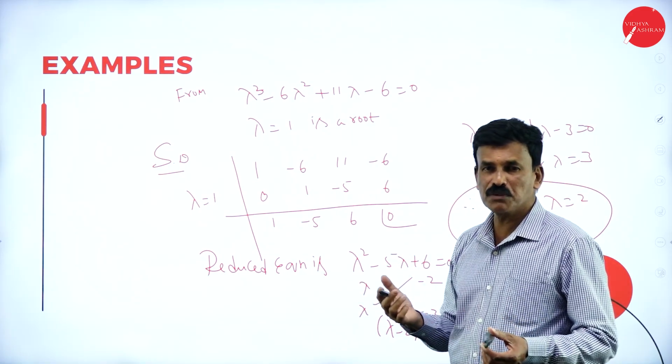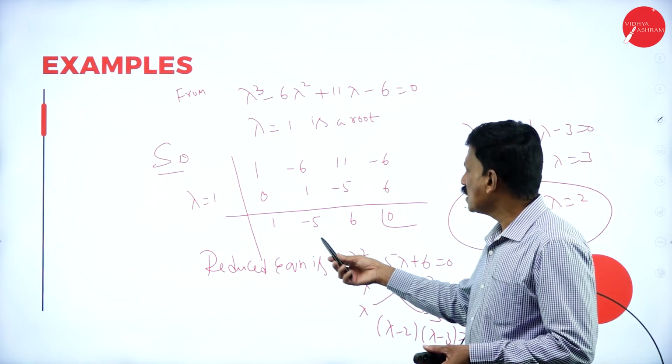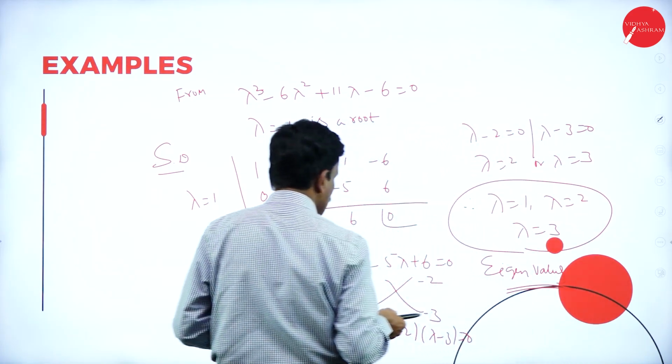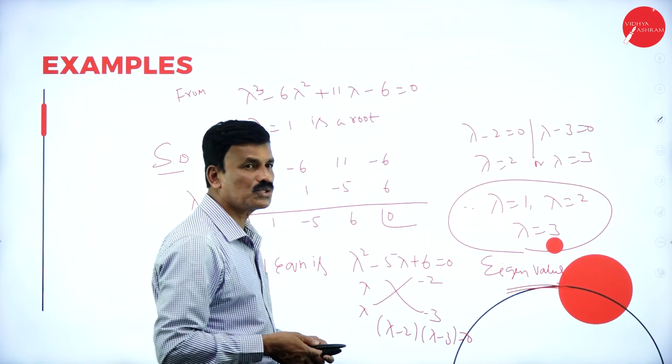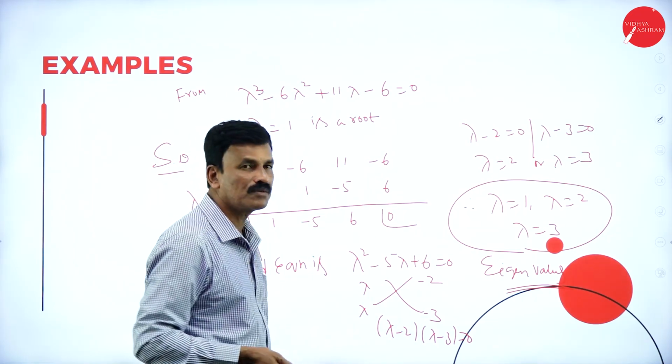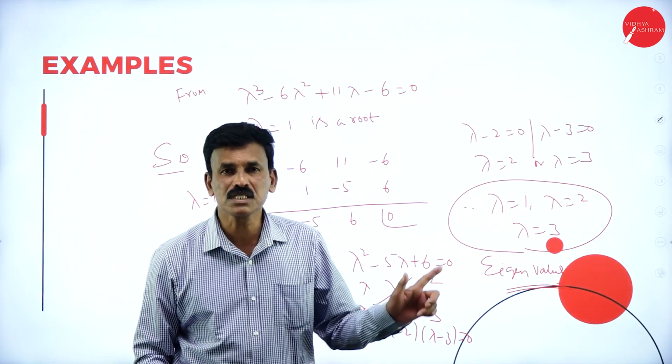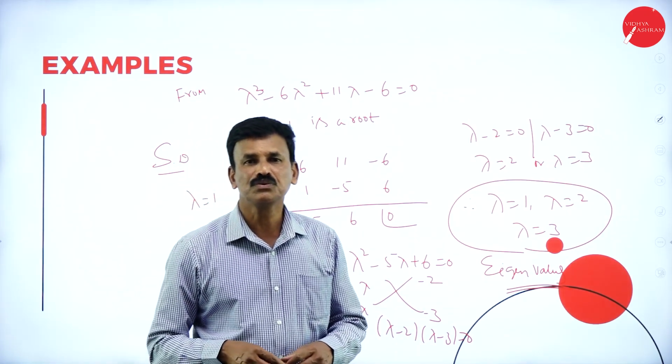So the depressed or reduced equation is lambda square minus 5 lambda plus 6. Factorize this, you will get lambda is equal to 2 and lambda is equal to 3. So the eigenvalues or characteristic roots of this equation are 1, 2 and 3.